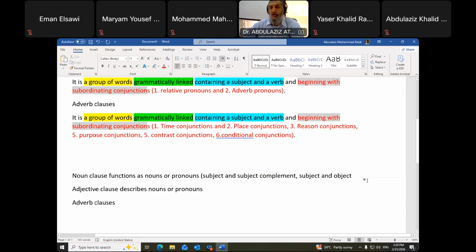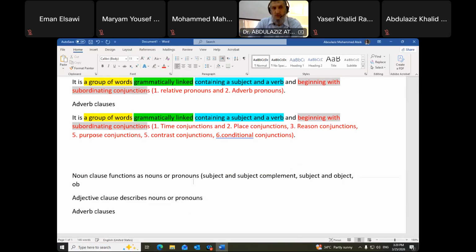مبتدأ خبر فاعل مفعول به. Okay, and then we have object of preposition. اسم مجرور. Then we have second object مفعول به ثاني. If you have only one object, we have first and second objects.